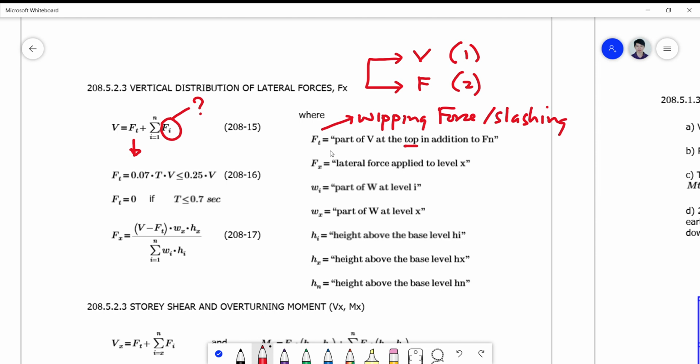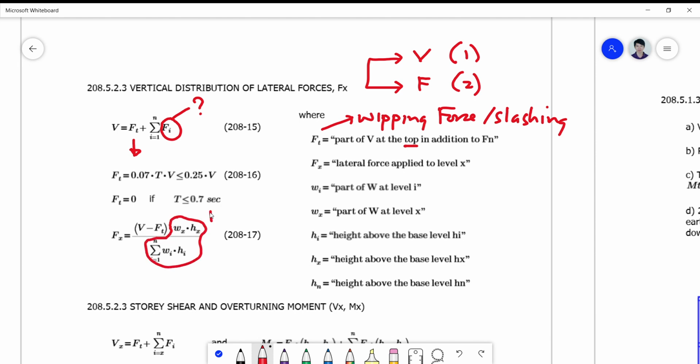Again, there's a limit here. There are a lot of limiting values. Please take note of that. Now, when the period is less than or equal to 0.7 seconds, then your whipping force Ft becomes 0 such that your formula here will no longer involve an Ft. But if it is greater than 0.7 seconds, this will be considered, and therefore your Fi will be simply V minus Ft times a distribution factor.